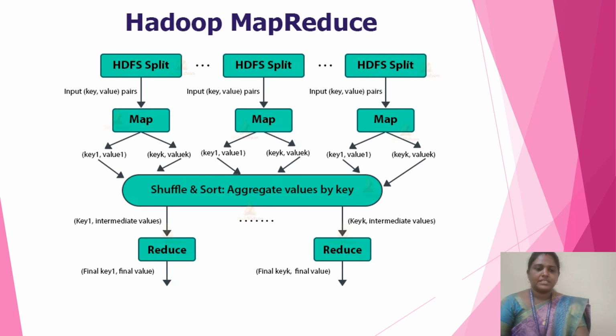After mapping, the data is shuffled and sorted, aggregating the values using the keys. The final data is then reduced and produced as the final key and final value.